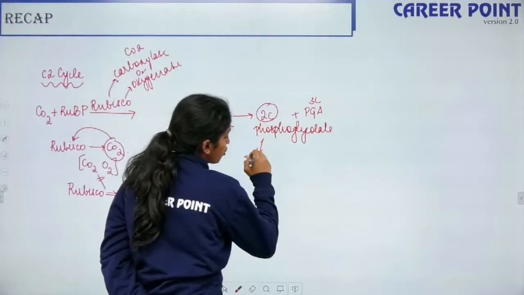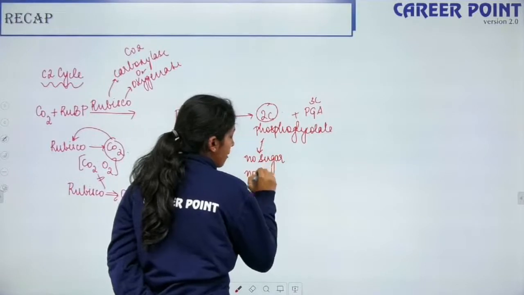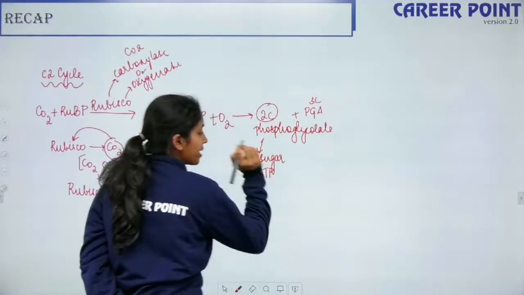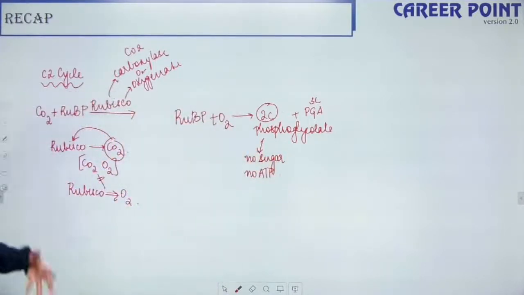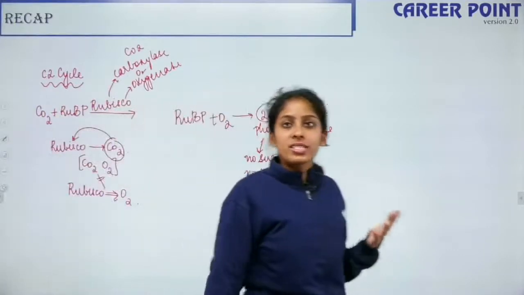You have no sugar production, nor any ATP production, but ATP is being utilized. So this is in a way a waste reaction, you can say. This is your C2 cycle.